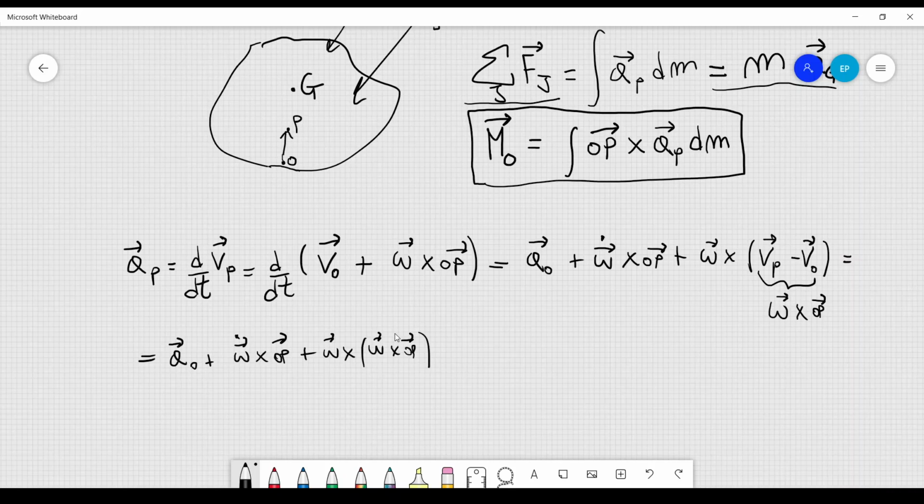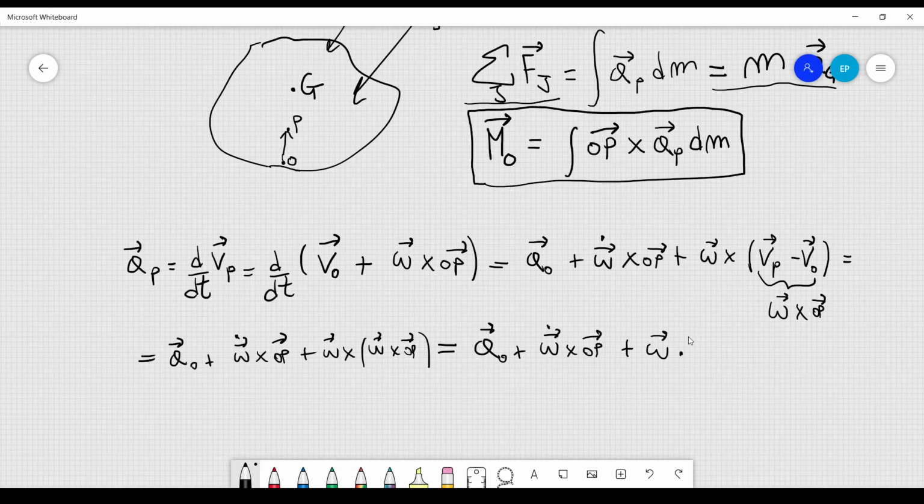You can derive it if you know very well the Levi-Civita symbol and how to write the cross product in index notation. So here you have equal to AO plus omega dot cross OP plus, and here you have omega dot product. So this omega must be dotted with this vector.